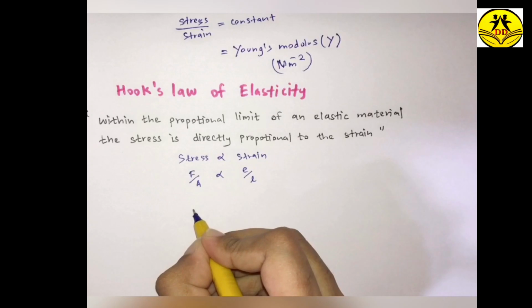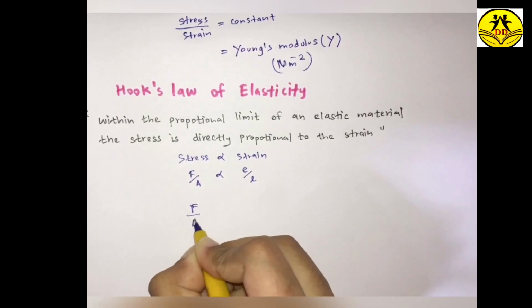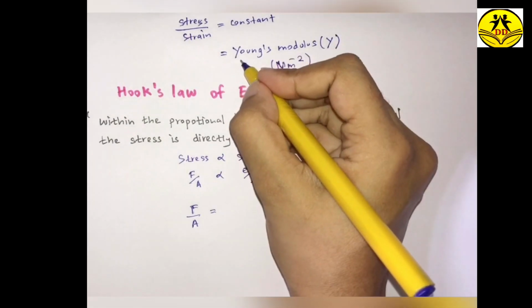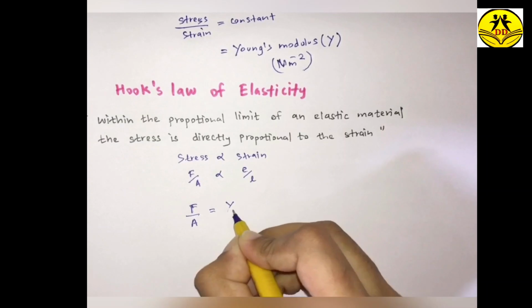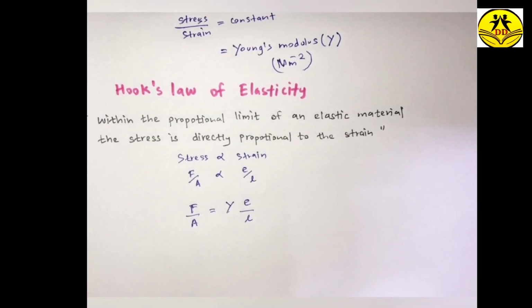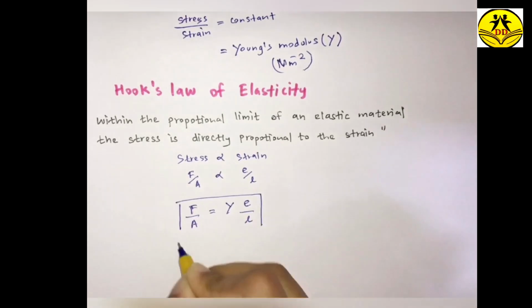Hence we can write this equation F over A equals Y E over L. This is the equation derived using Hooke's law of elasticity. This is the equation we use in elasticity. In doing sums, we use mainly this equation.